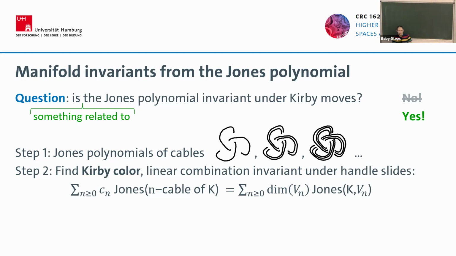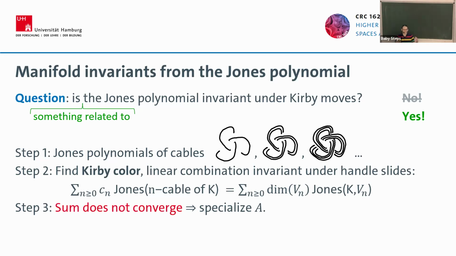So if you make an ansatz, I want some linear combination of Jones polynomials that is invariant on the handle slides, you will find this is a solution. There's some particular linear combination that does the job. The problem is it's infinite. So that means if you plug in complex numbers, the sums will typically not converge. So this is a formal sum that has the right properties, but it doesn't converge.